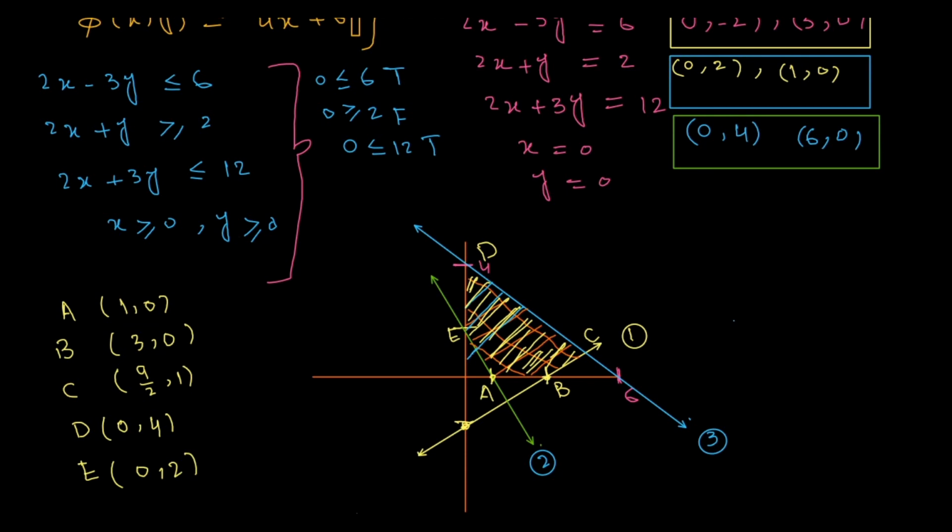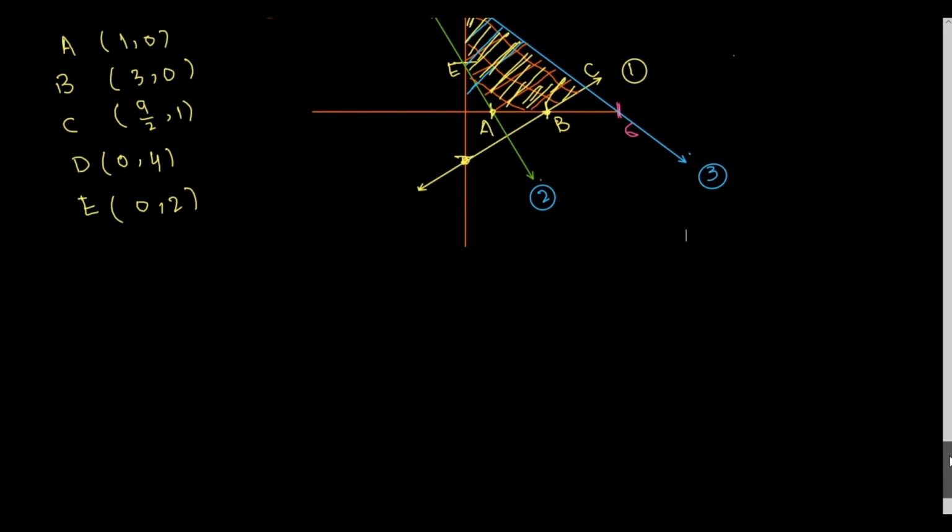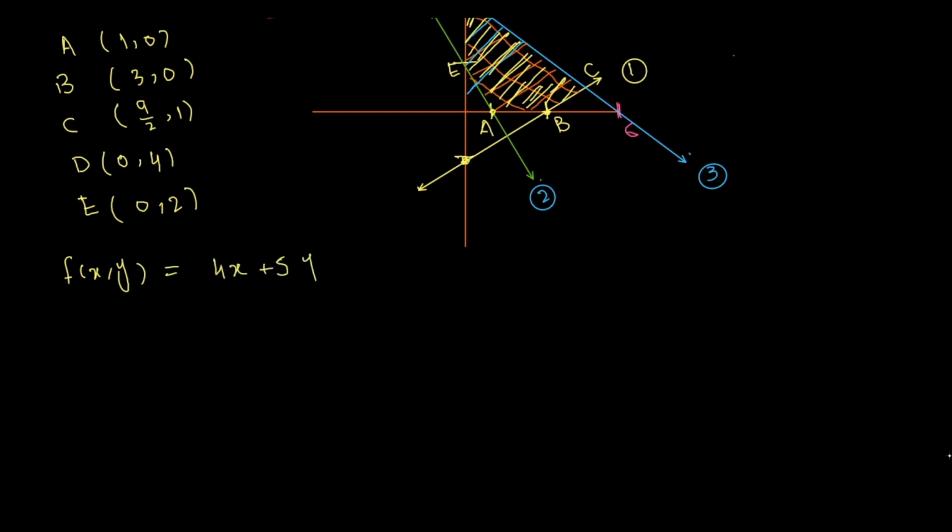Okay, our next target is to find our function. The function given is f of x comma y, which is equal to 4x plus 5y.